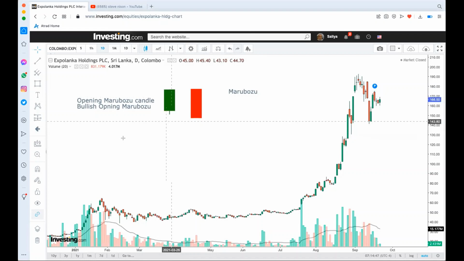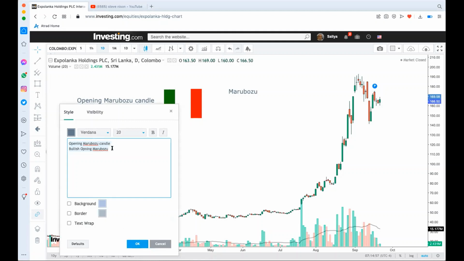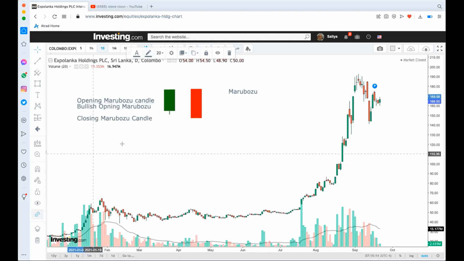That also you will see when you're studying candlestick formations. That is basically known as the closing Marubosu candle, a bullish closing Marubosu candle.